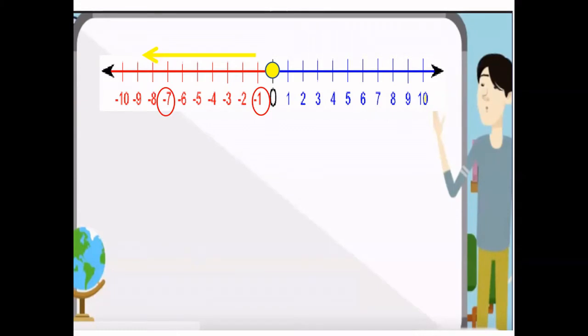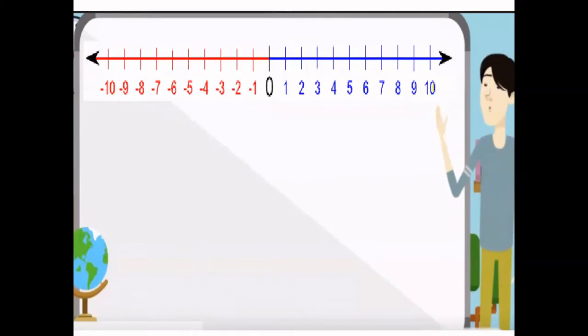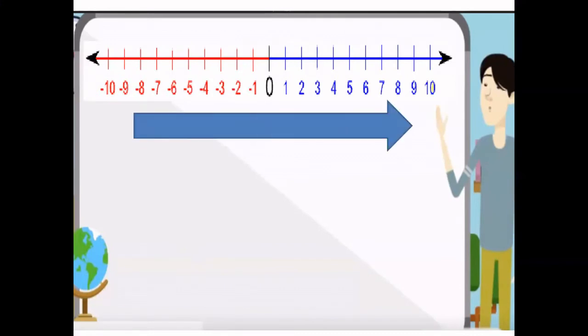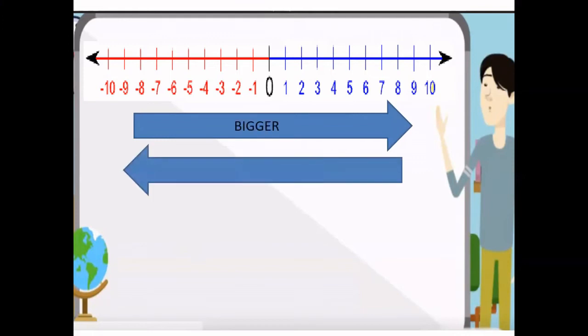Again, because when you go through your left, the number gets smaller and smaller. In general, if you go through your right, the number gets bigger, and when you go through your left, the number gets smaller.